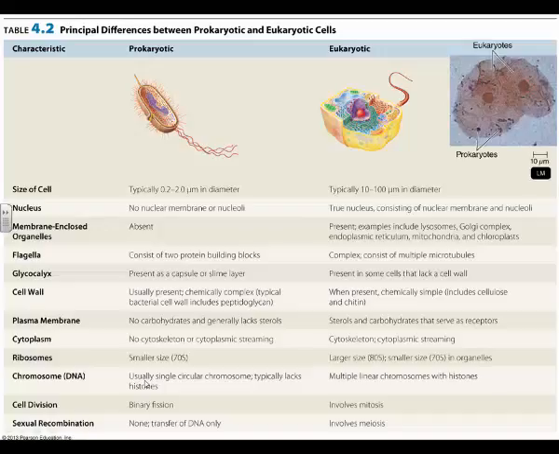Also, simpler chromosomal DNA, usually just in the form of a single chromosome in the case of prokaryotes, and it is not tightly wound around proteins such as histones, whereas in eukaryotes, even eukaryotic microorganisms often have multiple chromosomes. They're linear in their form, and they're tightly wound around these complexes of proteins called histones.